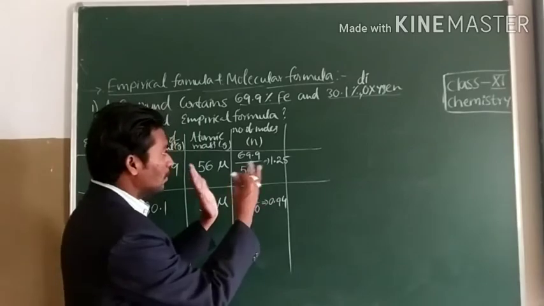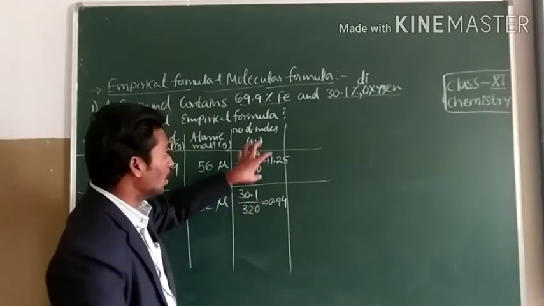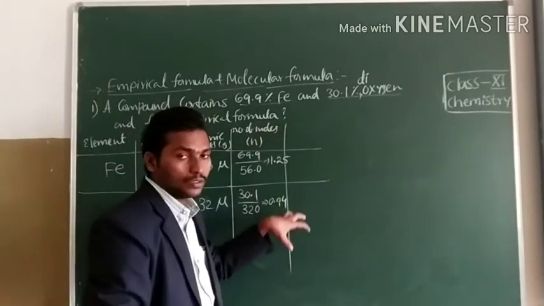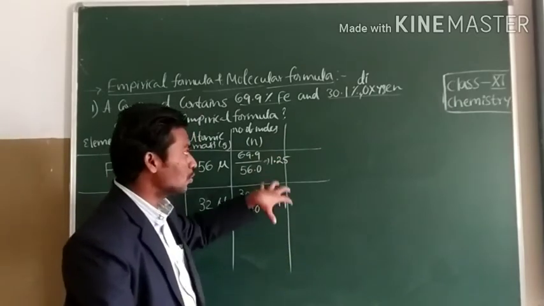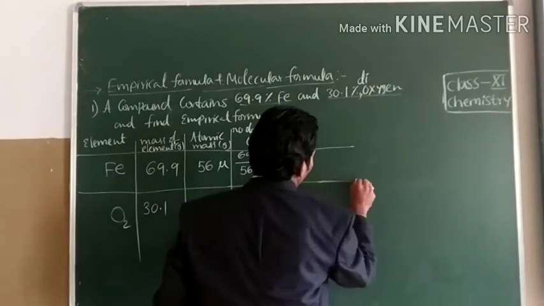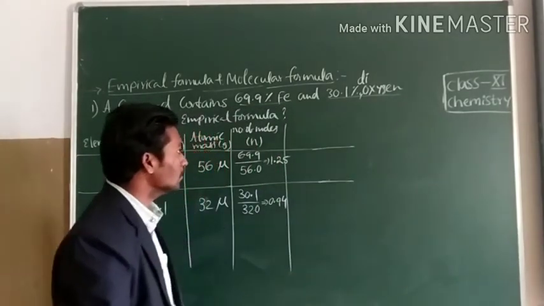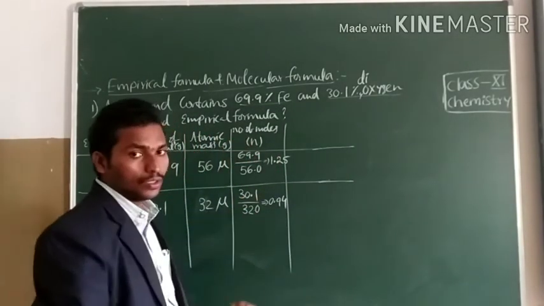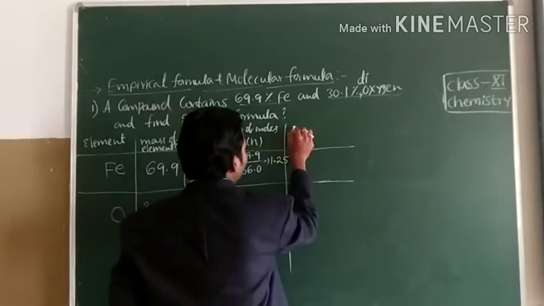Now we have to find out the simplest mole ratio of the elements, or you can write it as the mass ratio of the elements.